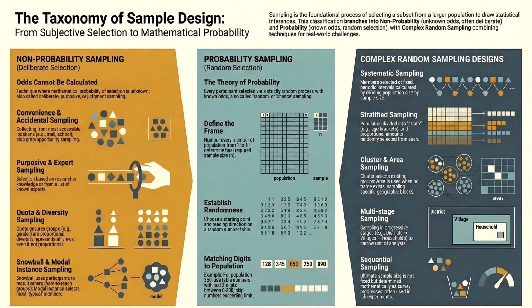Now here in probability sampling, you first define the population frame, that is the number of units that exist in a population, from 1 to finite. Then determine the final required sample size, that's usually referred to as n. Let's say the population has 100 people and you need only 10, that is your sample size.